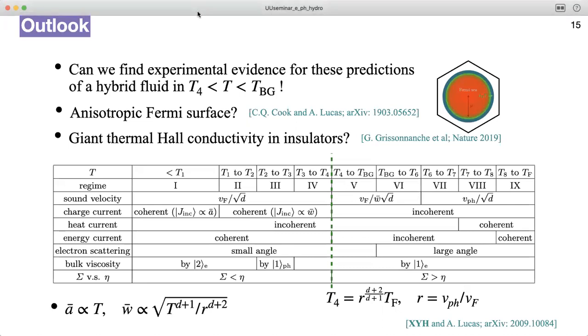So, further questions? Yeah, I have something. There are several issues. One issue is that it's textbook material that at somewhat higher temperatures, the thermal conductivity is anyhow dominated by phonons, right?